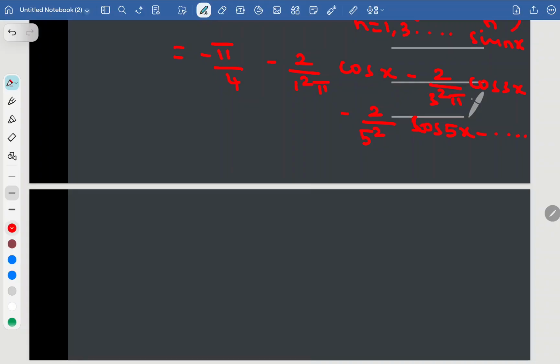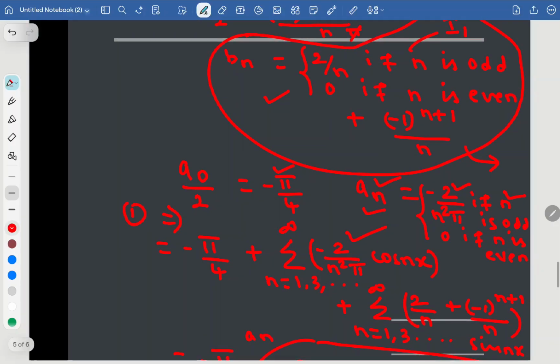One square pi, 3 square by 5 square pi. All these things are an. This one a naught plus, see, bn is having two values. N is odd, 2 by n; n is even, 0. This is for common, because of I2.